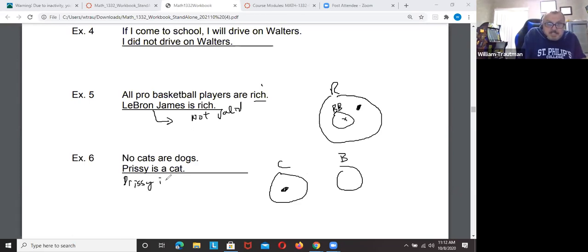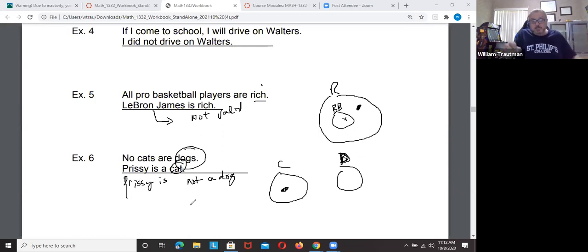Prissy is not a dog. Can I use cat and dog in the same sentence? Yes, because Prissy is a cat. Prissy is not a dog. No cats are dogs. Prissy is a cat. Prissy is not a dog. So that's how I would write that one.